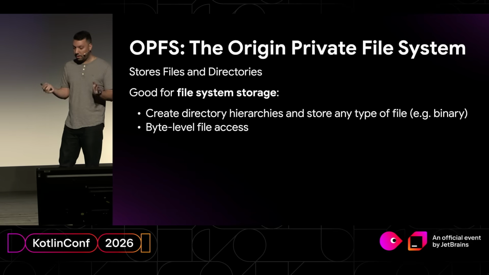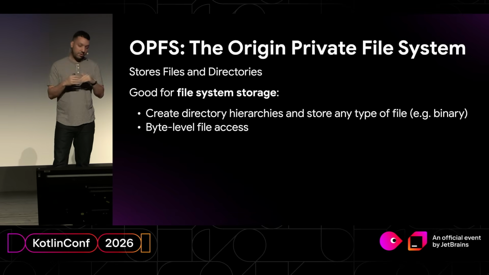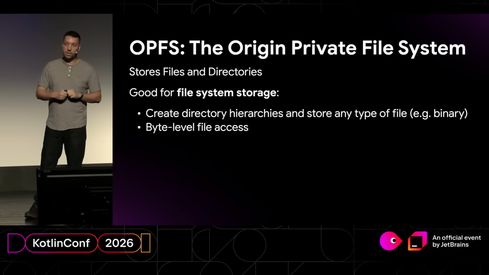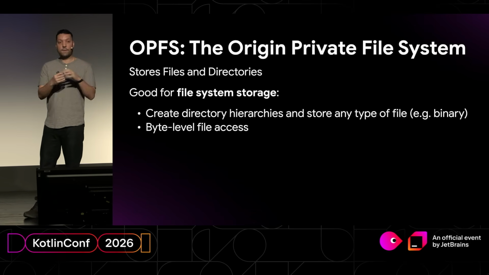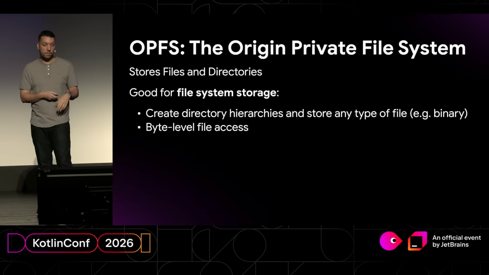Now, the cool thing about it, different from IndexedDB, is that you can have byte-level access. Imagine you have a local web player for whatever reason. You have a 3-hour DJ mix, and you want to seek to the hour and 30 minutes. Doing that with IndexedDB is a bit hard because you have to load the whole file. But with something like OPFS, you can seek to a specific position and start reading from there.